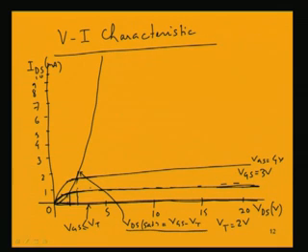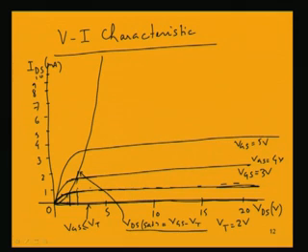Now, in this way if we go on increasing to VGS equal to 5 volt, we will be getting the next curve. One thing to note is that the gap between 3 and 4 is not equal to the gap between 4 and 5. In this way it will be continuing.